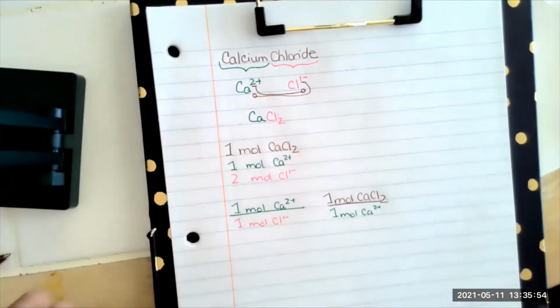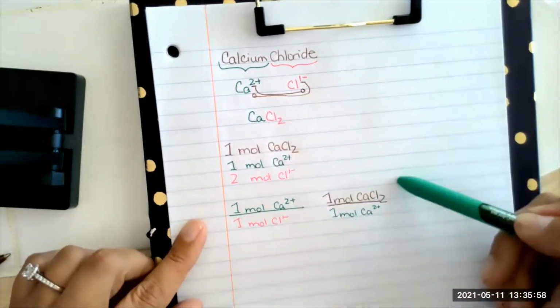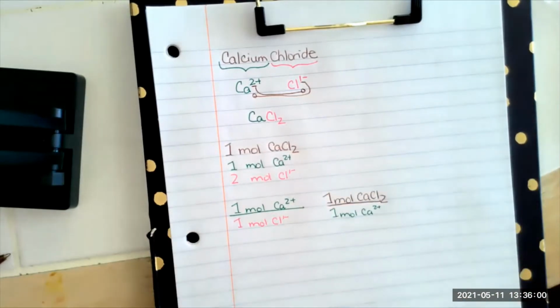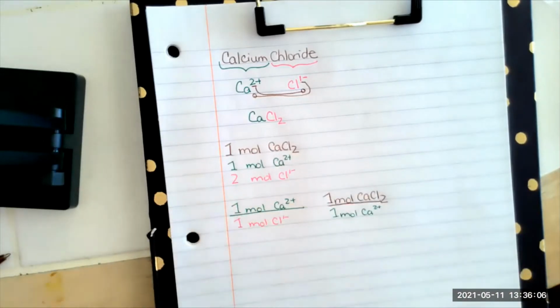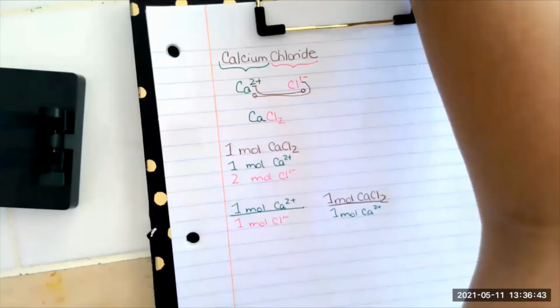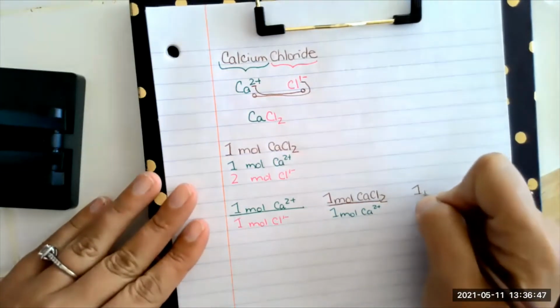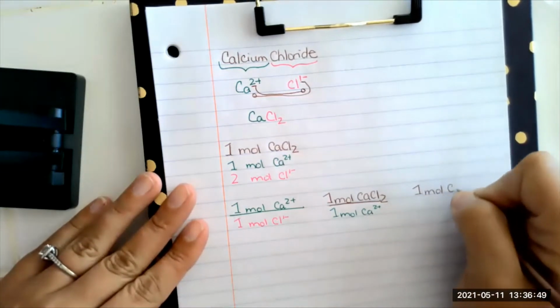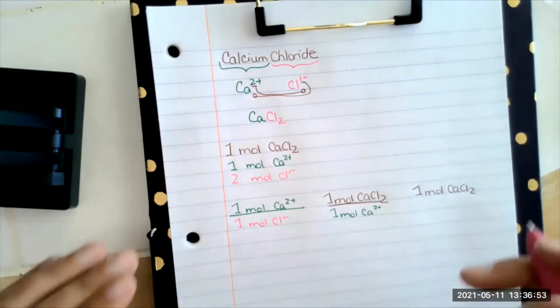And remember, for writing down the potentials, it doesn't matter which one's on top or bottom, because it'll be very clear which one needs to be on top or bottom for the solving, because we'll be using dimensional analysis. So what is the last mole ratio? So then you could do 1 mole calcium chloride to 2 moles of chloride.